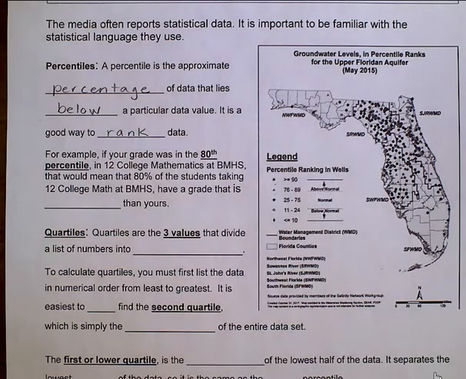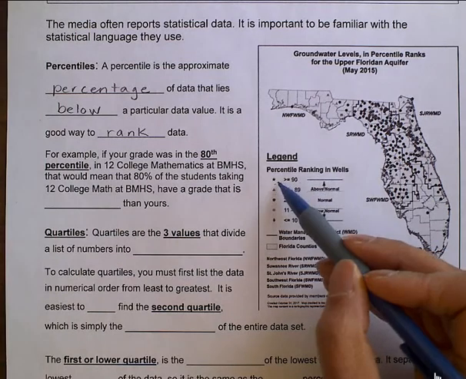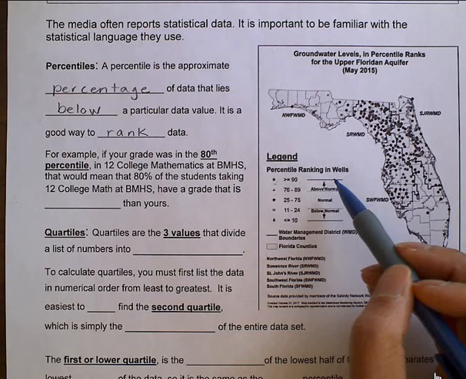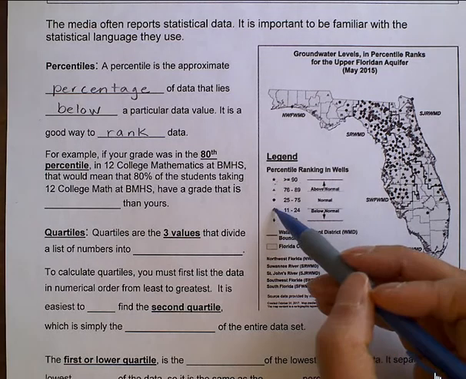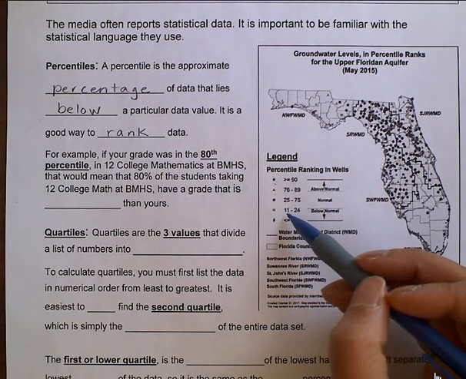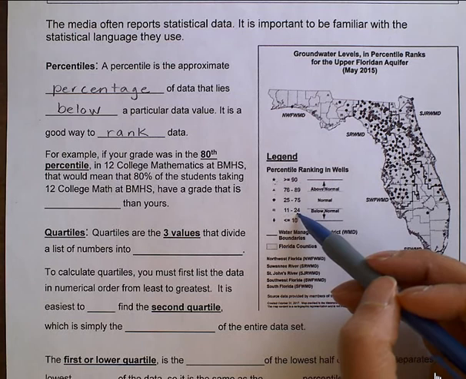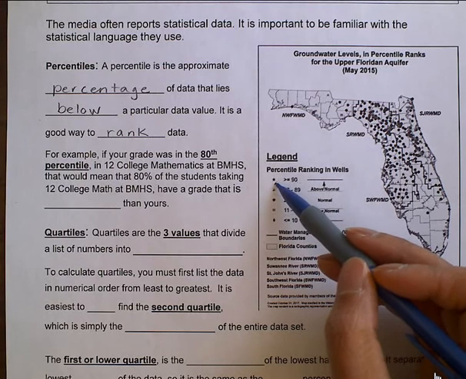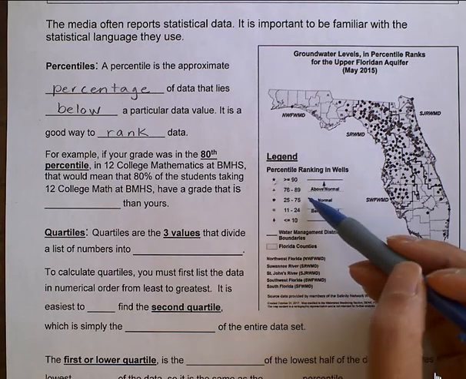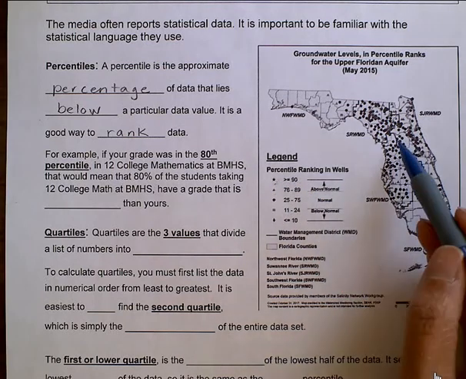Okay, so for the state of Florida, for those communities that have the stars where it's over 90%, they're in a much better situation with their groundwater levels than the ones with boxes, for example, that would have their percentile rankings between 11 and 24. It may not mean that compared to the other parts of the United States that it's great, but compared to these other locations, it's better.